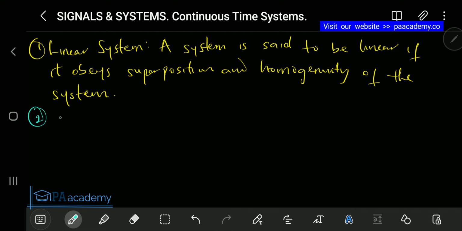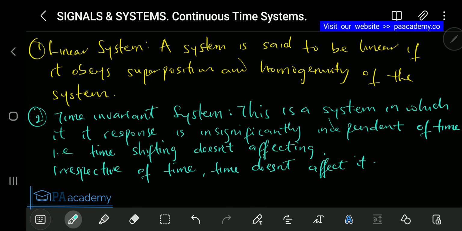So the second one is time invariance. So a time invariant system is a system in which its response is independent of time.